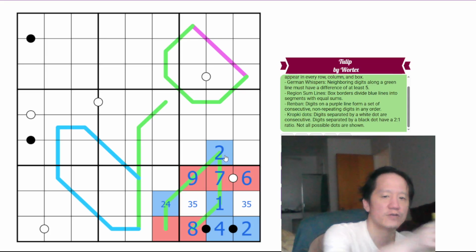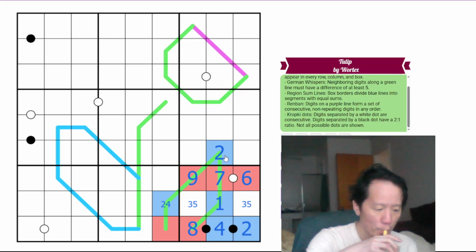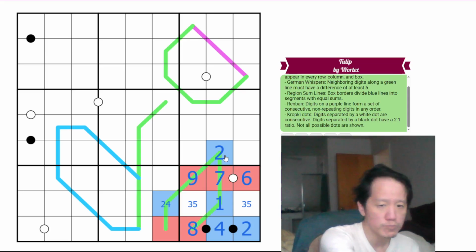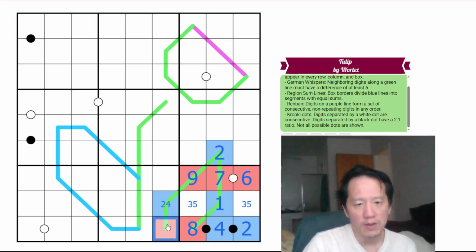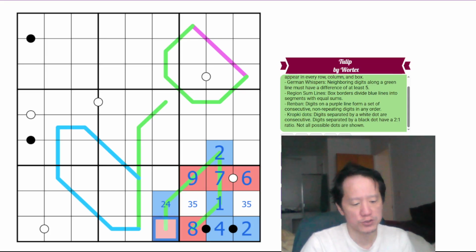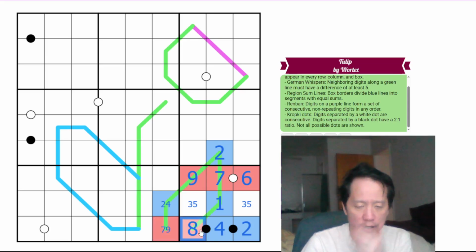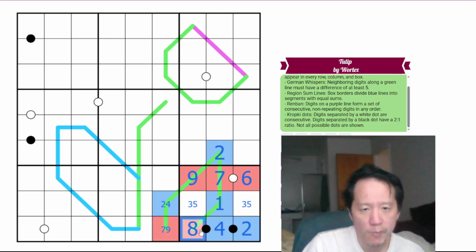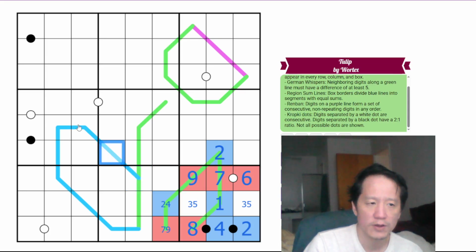What else do we have? This digit is next to a 2 or 4, so it's 7 or 9 because it cannot be 8. This digit is the same as the sum of this digit, which is the same digit.